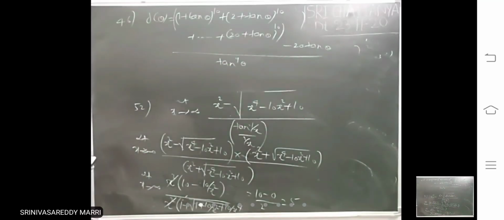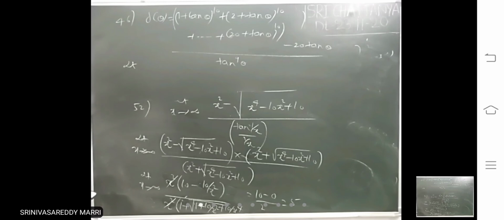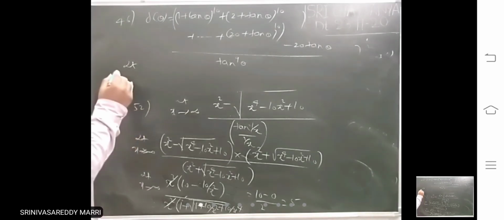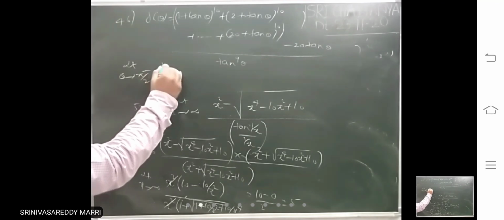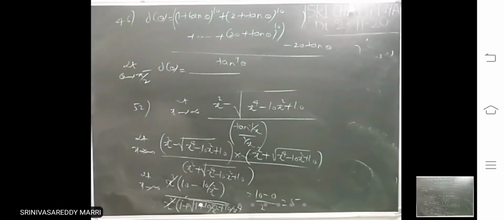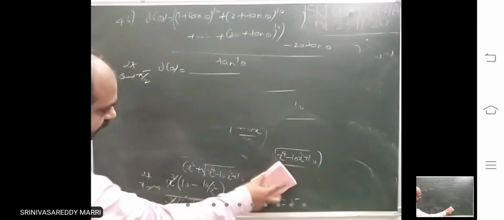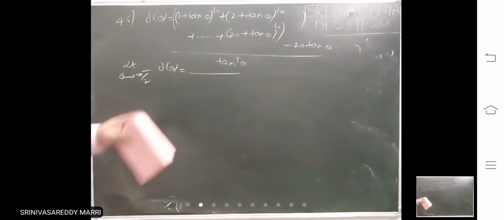So he is asking what is the value required: the left hand limit at pi by 2. Limit theta tends to pi by 2 minus of f of theta equal to dash. Right? So now limit theta tends to pi by 2 minus f of theta.